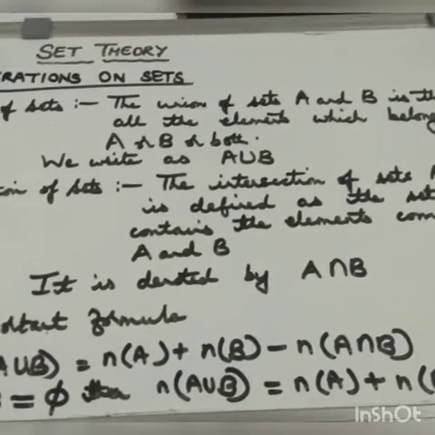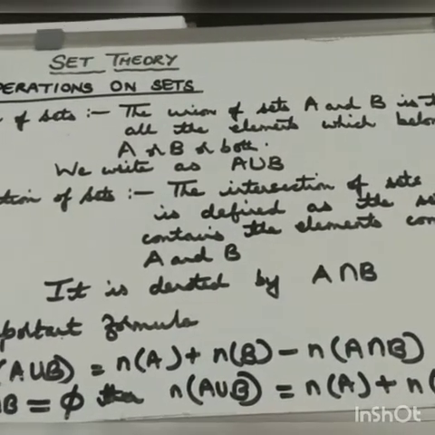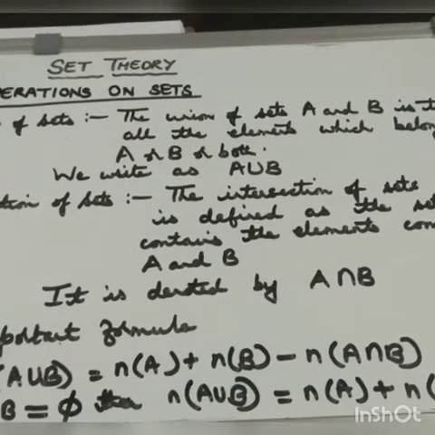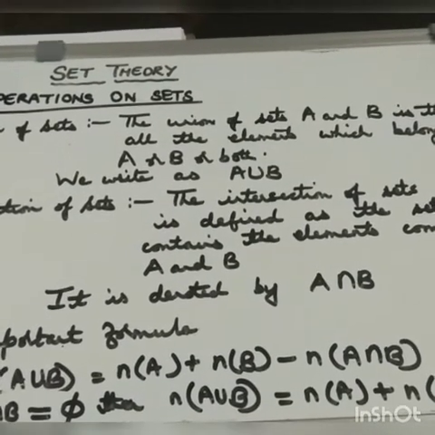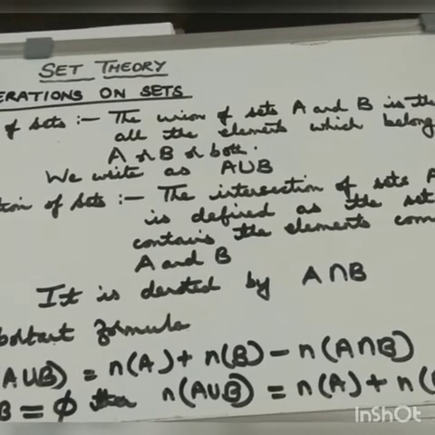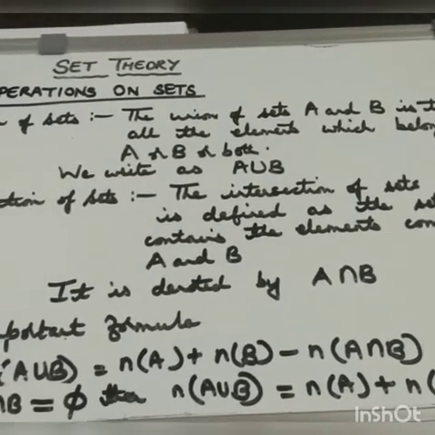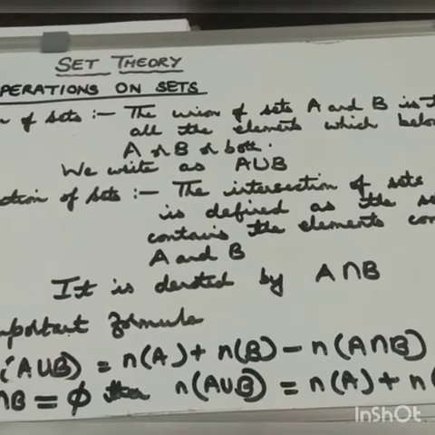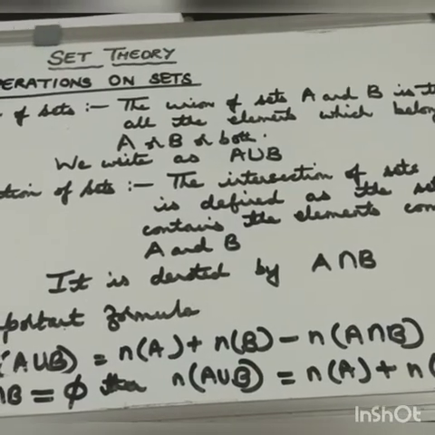Now we'll start with the exercise, and side by side we will discuss complement and difference later on when we have to do the sums on these two topics. So just now we will start with exercise 6.3, which has questions number 1 to 5 based on union and intersection only.